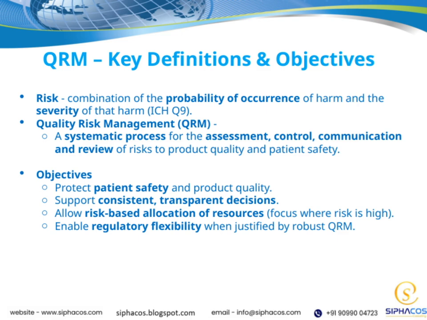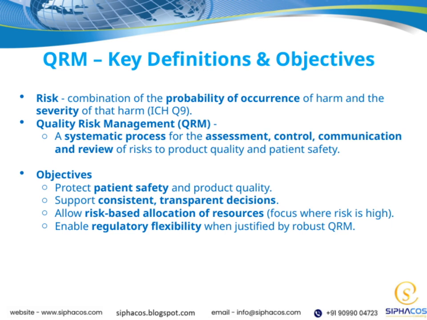First, protecting patient safety and maintaining product quality are top priorities. Second, QRM supports making decisions that are consistent and transparent, which helps build trust and clarity. Third, it allows us to allocate resources based on risk, prioritizing efforts where the risk is highest.